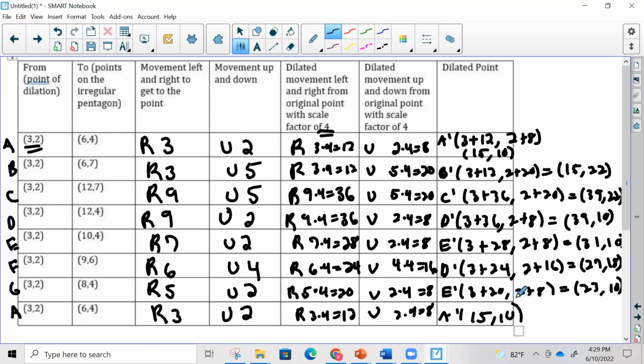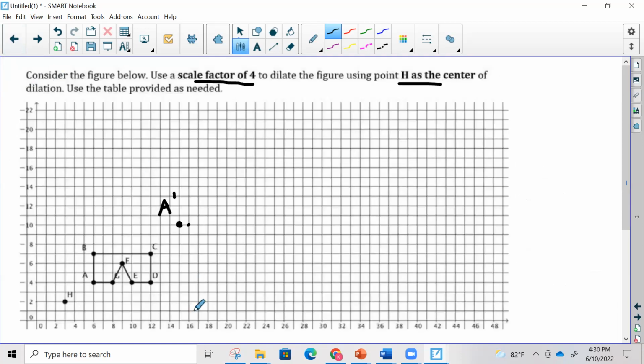Okay, then you need to graph it. So the one on the homework, you do need to graph. So I'm going to go back and graph all of these points. And it should look like it's 4 times as big. So I'm going to do 15, 22 for B prime. C prime was 39, 22.